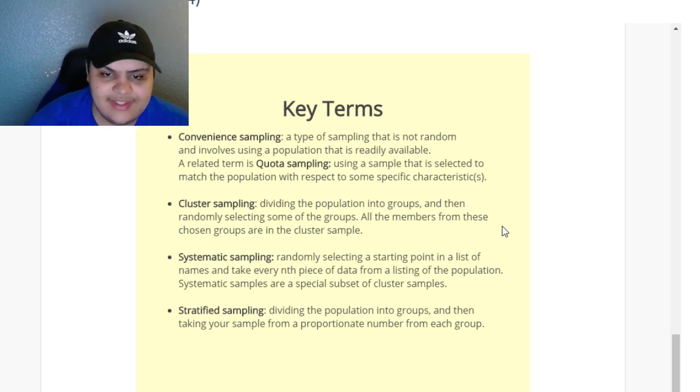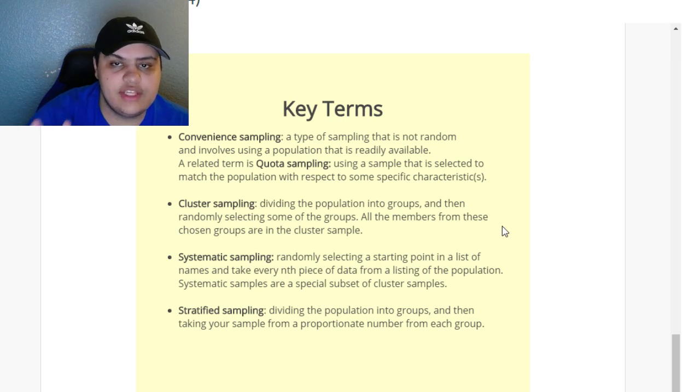Stratified sampling. This is dividing the population into groups and then taking your sample from a proportionate number from each group. So think of an example: you have 20 floors in a hotel, and what you do is you randomly select 2 from each floor.